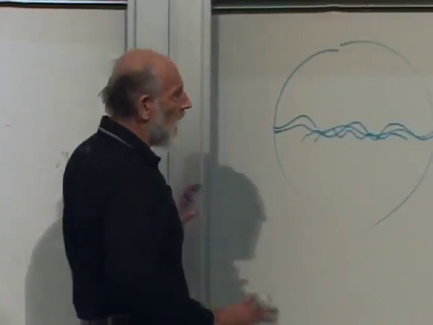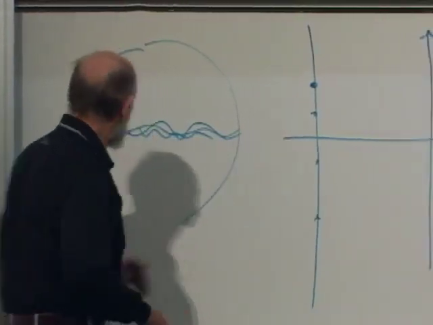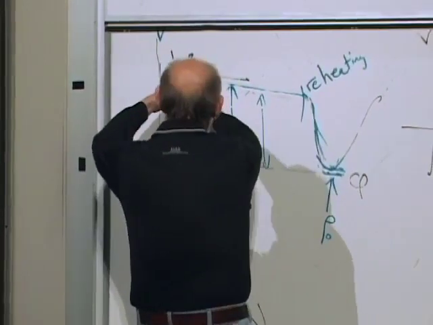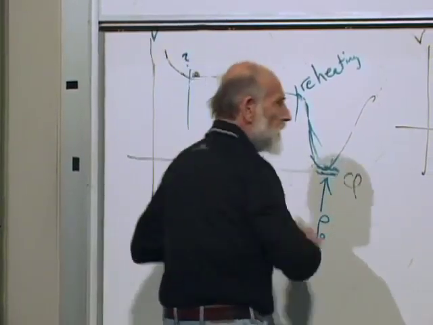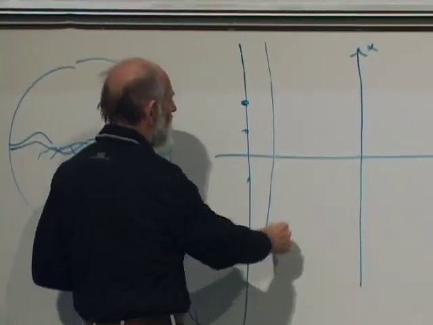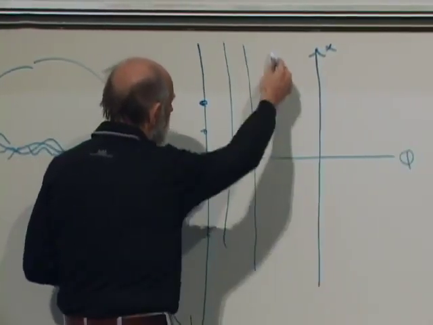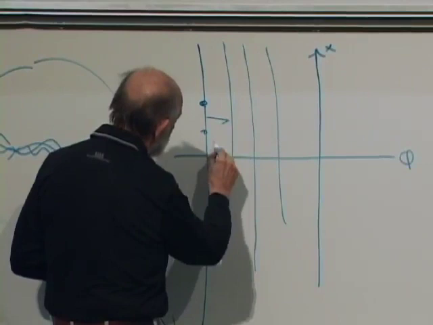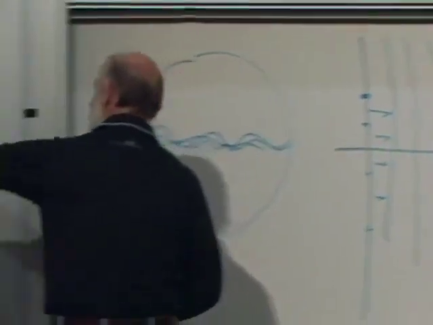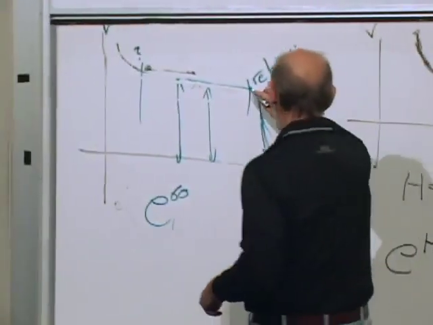What would happen with time? As time went on, you would roll down the hill, which would mean that the field would gradually move to the right until it got to the edge over here.